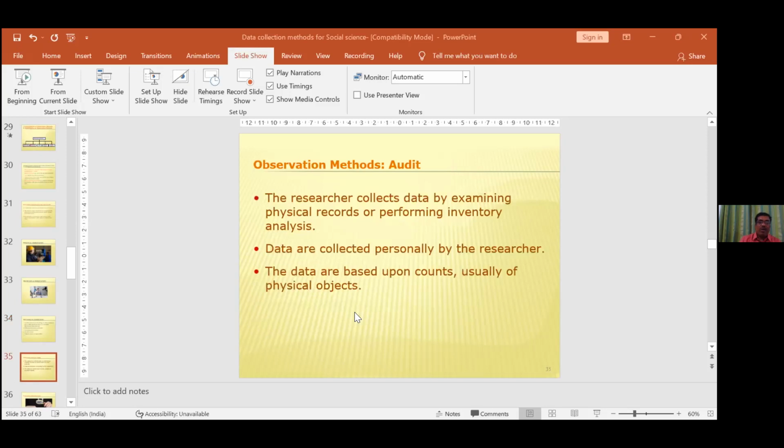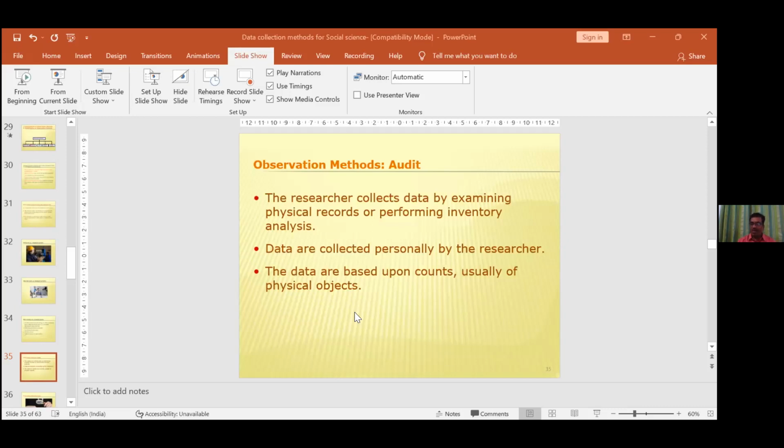Similarly, you can also collect data using another observation method, that is audit. What is meant by the term audit? The researcher collects data by examining physical records or performing inventory analysis.